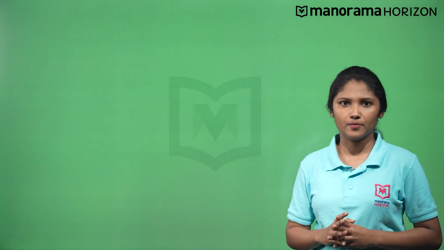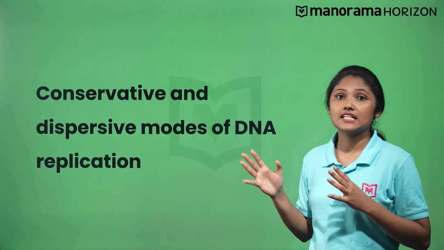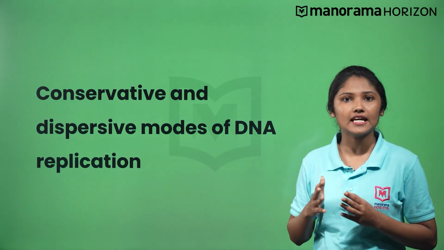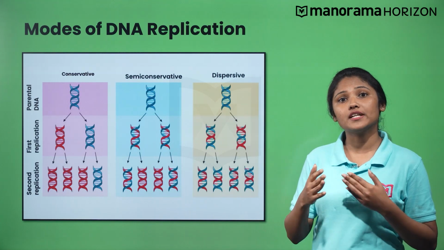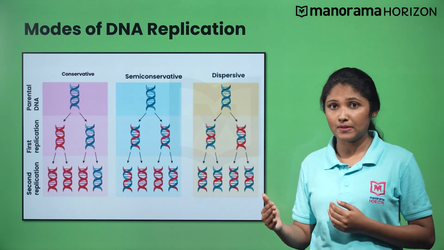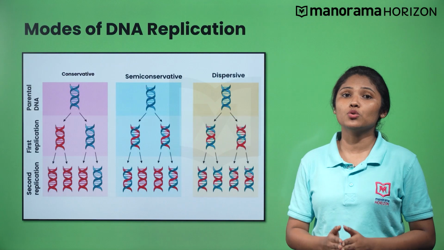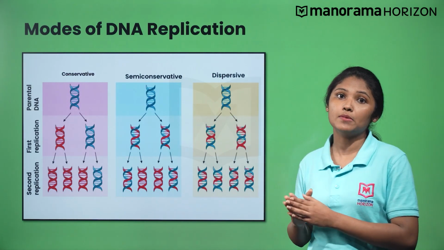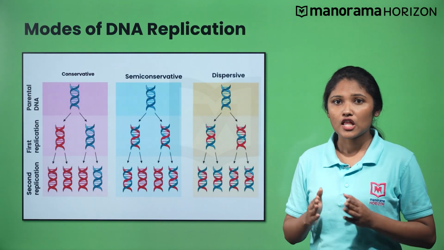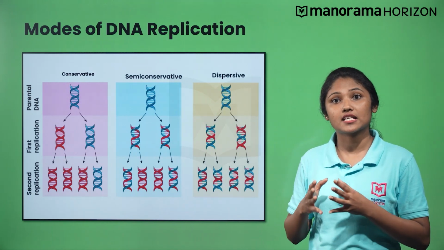I have a doubt here. Are there any other possible modes of replication? Yes, these are conservative and dispersive modes of DNA replication. The parent strands form the double helix after DNA replication, while the two newly formed strands base pair to make a double helix. So, the original parental strands are conserved.